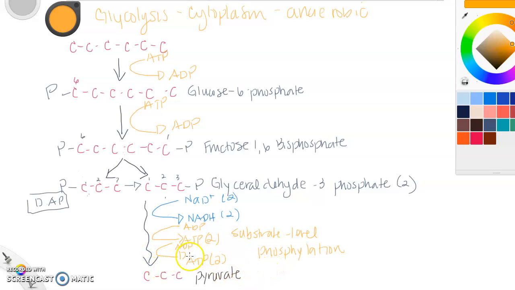Pyruvate has 2 things that can happen to it. One thing that can happen is if there's no oxygen available, or there just isn't oxygen to be had to use, it will go through fermentation.